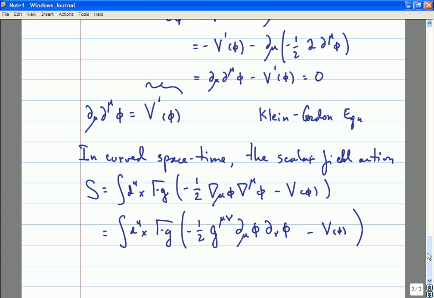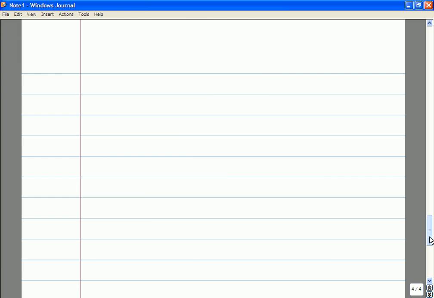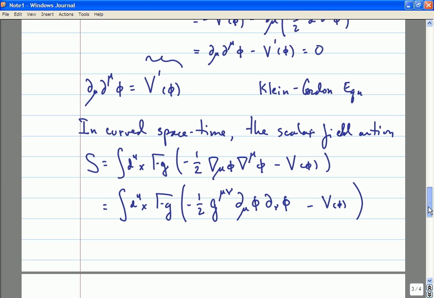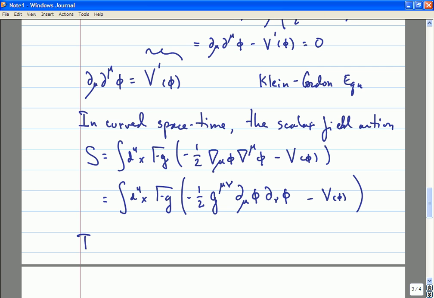So we can now go ahead and write down the stress tensor of the scalar field. So what is the stress tensor of the scalar field? So T mu nu is, I always forget.